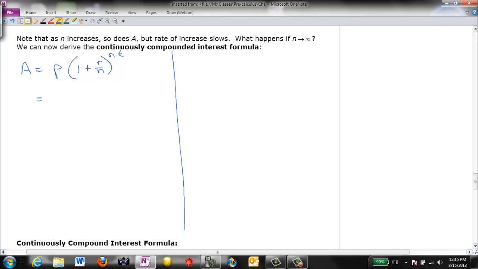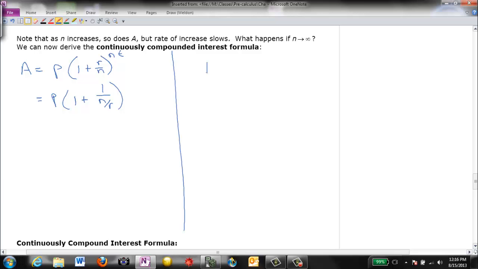Okay, so we're going to start here in the second line. Essentially, what he did was he said, well, let's rewrite this as P times 1 plus, and rather than putting in r over n, he replaced that with 1 over (n over r). Now, he didn't really change anything there.